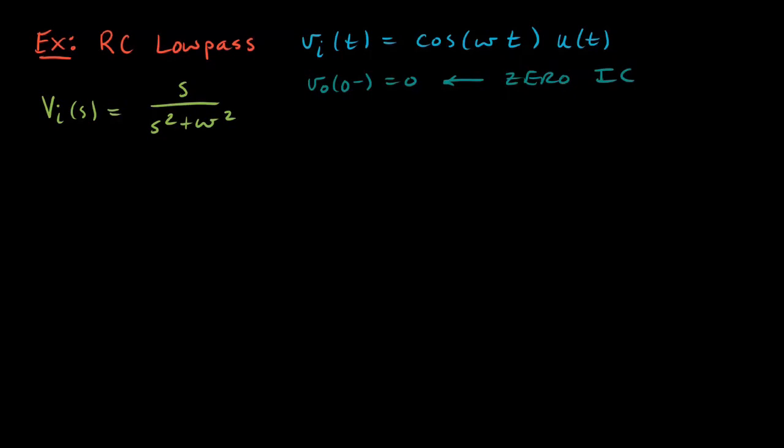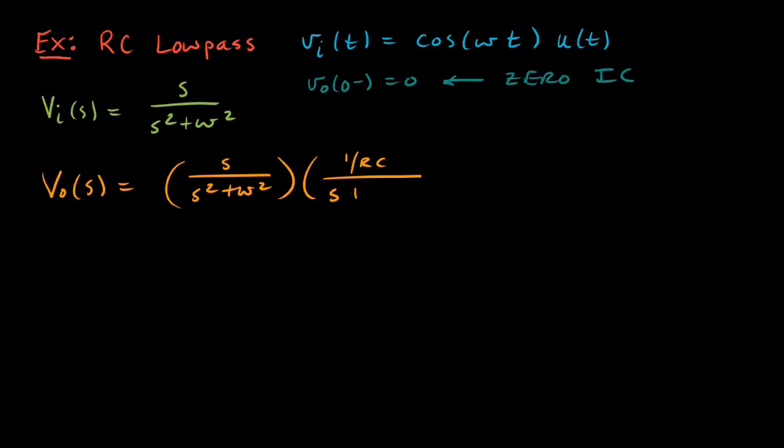Okay, so then we know that the Laplace transform of the output, V out of S, is going to be the Laplace transform of the input, so S over S squared plus omega squared, times 1 over RC divided by S plus 1 over RC. Okay, and so that's just going to equal 1 over RC times S divided by, I'm going to write it in this order, S plus 1 over RC times S squared plus omega squared.